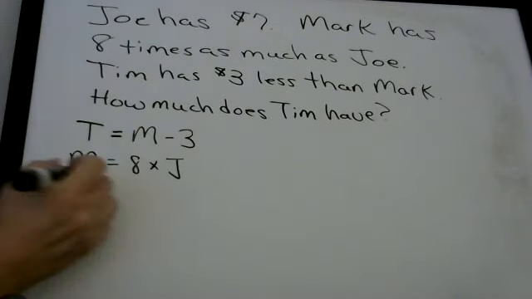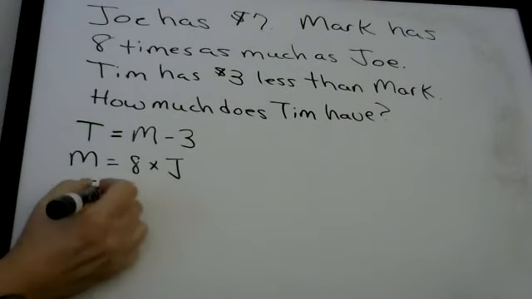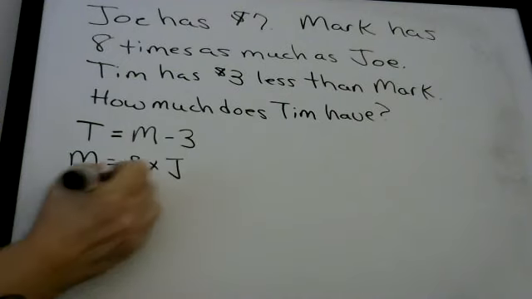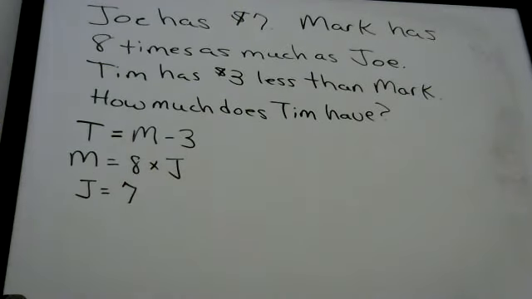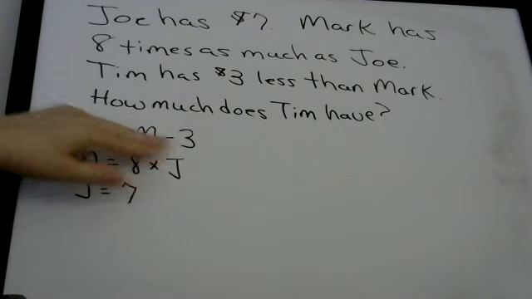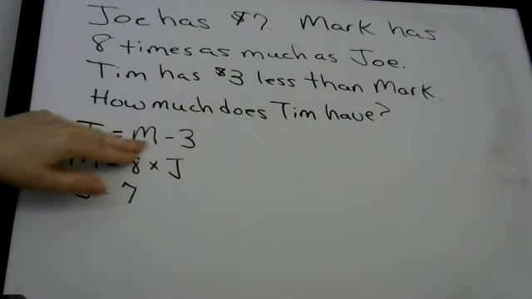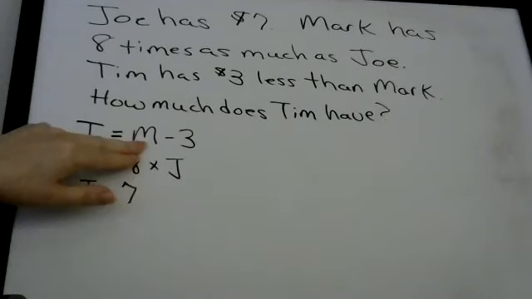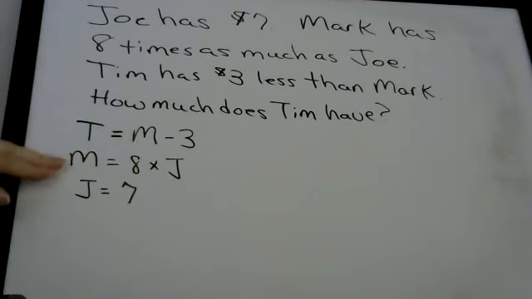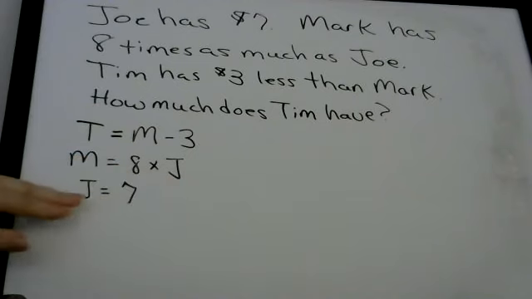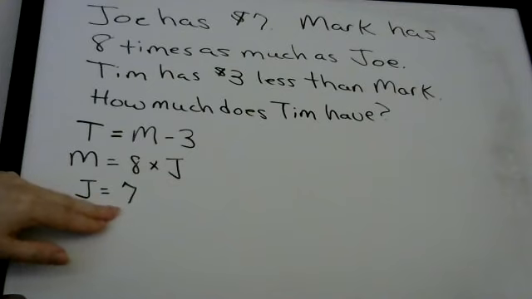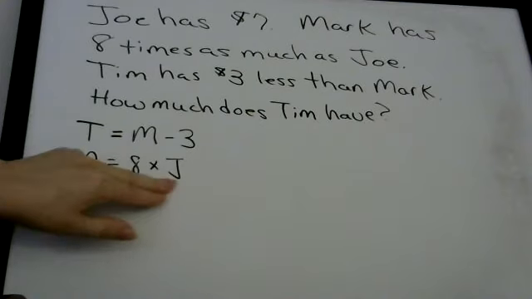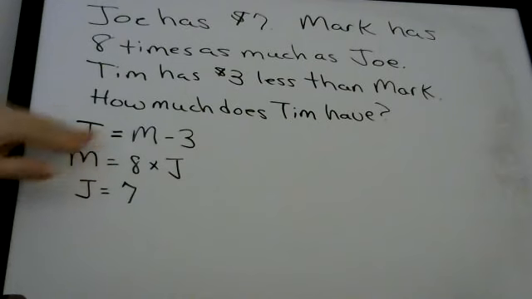Joe has, J equals 7. So we started with what we wanted to know, Tim, and we wrote down that equation. And then we said, well, before we can figure out what Tim has, we obviously need to know what Mark has. So then we wrote down the equation for Mark. Well, before we know what Mark has, we have to figure out what Joe has. Well, they've given us that Joe has $7. So now we can just plug this back in and then solve for Tim.